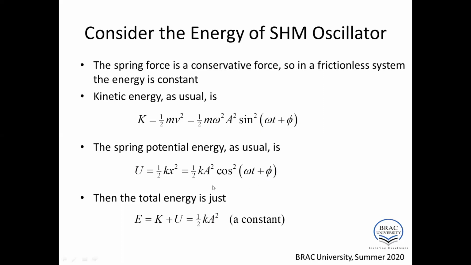If we take half k A square common, we get half k A square times the bracket sin square theta plus cos square theta. Sin square theta plus cos square theta is 1. Then finally the total energy is half k A square, which is constant, and total energy is proportional to the square of the amplitude of the oscillation.